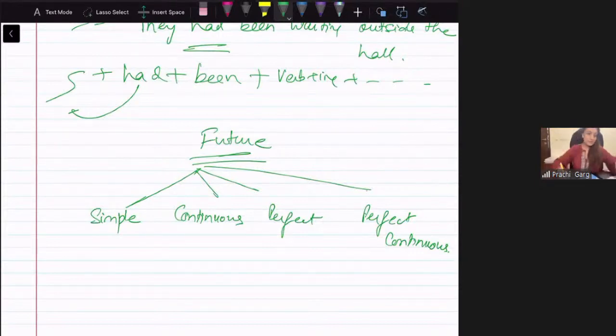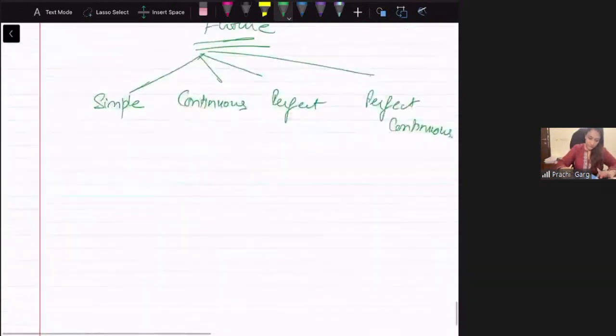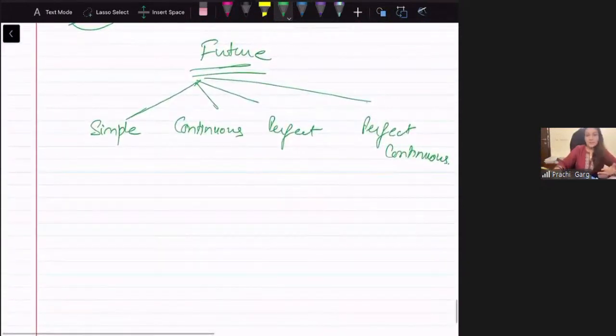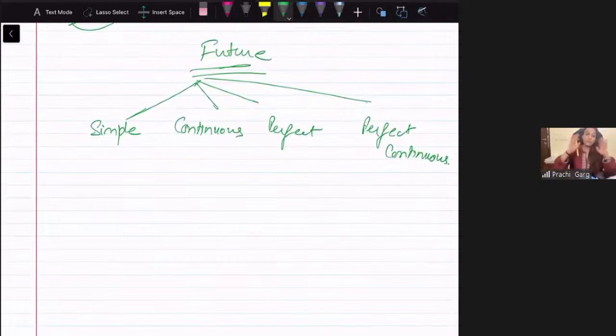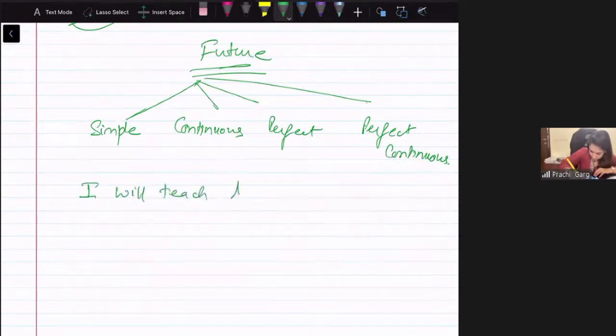Okay, let's not waste time. Let's quickly start with the future then. In future, again, the simple remains the simplest of all. It indicates an action or condition or circumstance which hasn't taken place yet, but will take place. So when I say, I will teach active and passive, this is simple future.